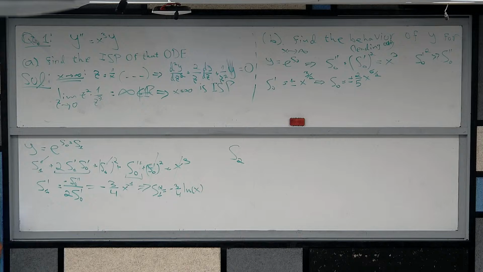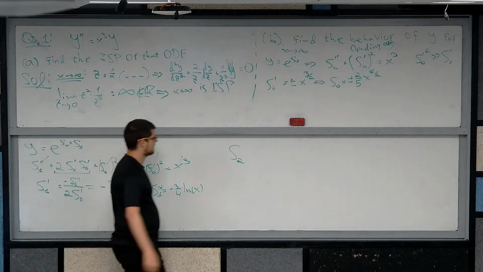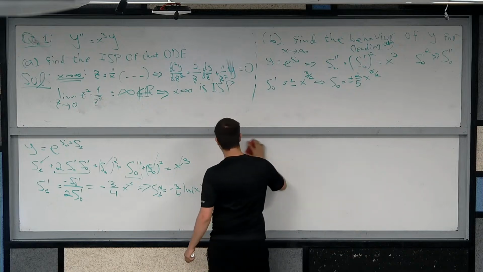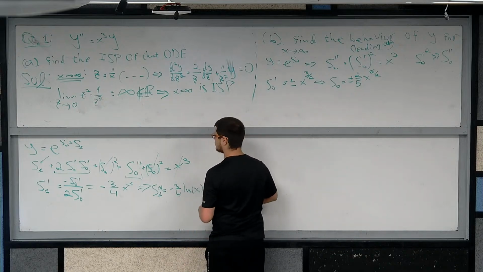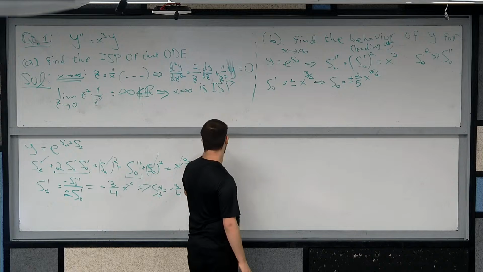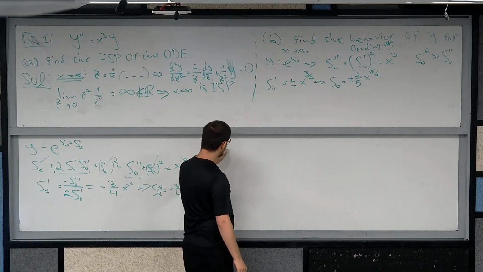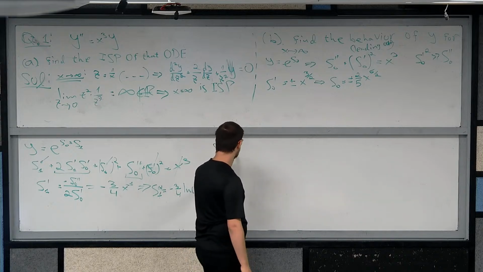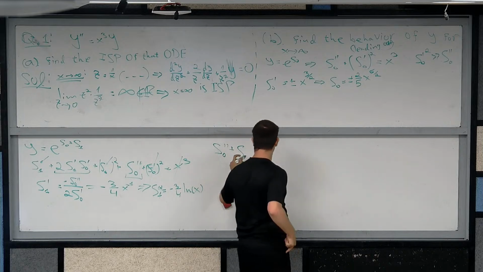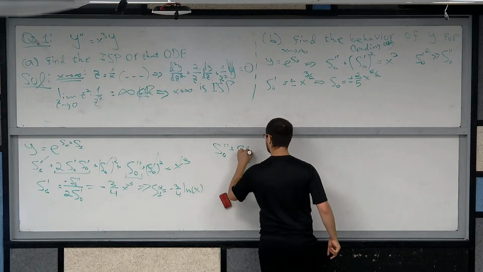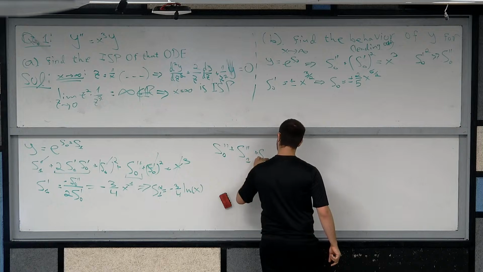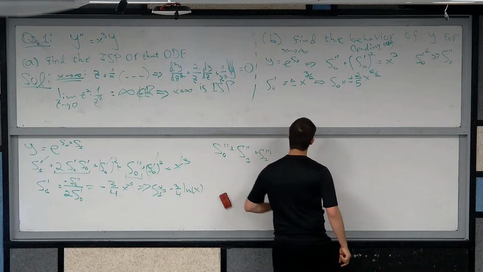Oh no, I wrote that. Okay, so let's write that horrible stuff. Okay, so S0 2 primes plus S1 2 primes plus S2 2 primes, 2 not 3.